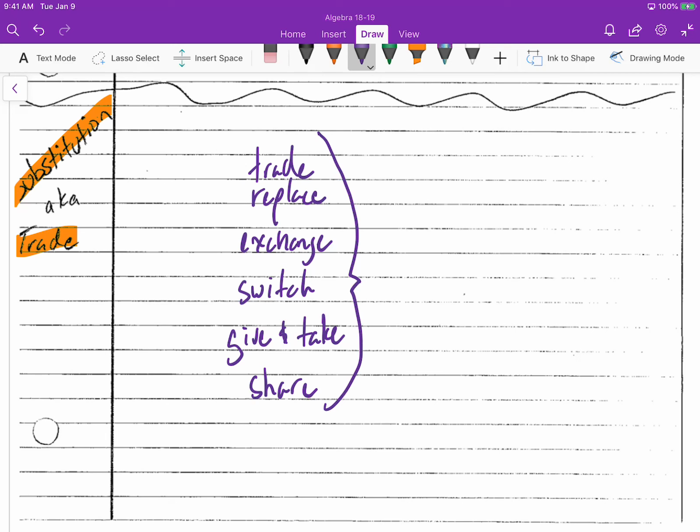But regardless, the main idea as far as math goes is we need these to be equivalent. That idea that they are 100% equal.